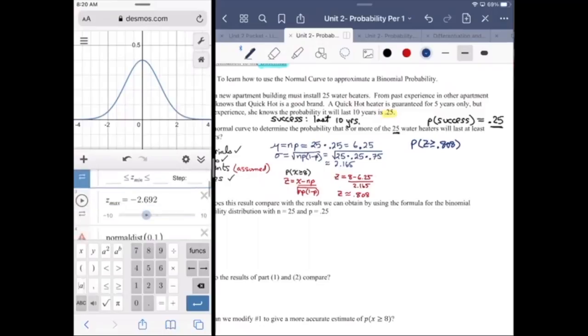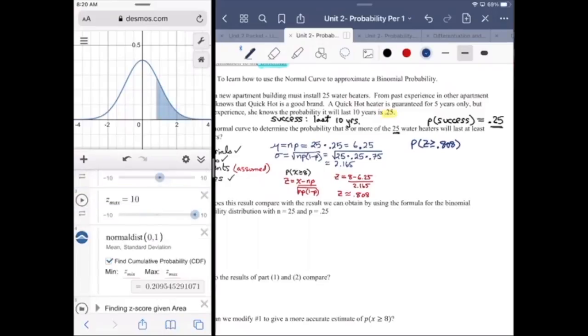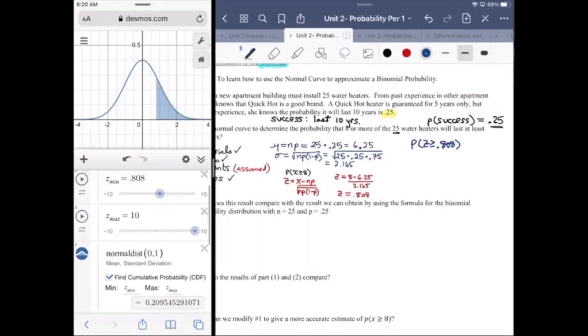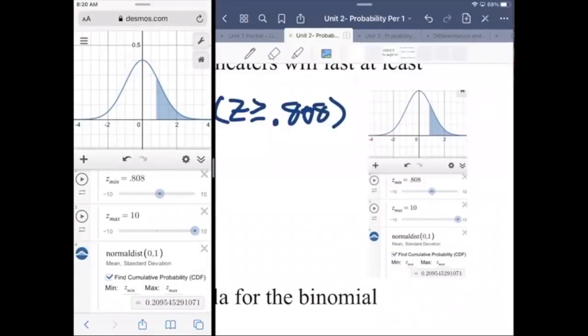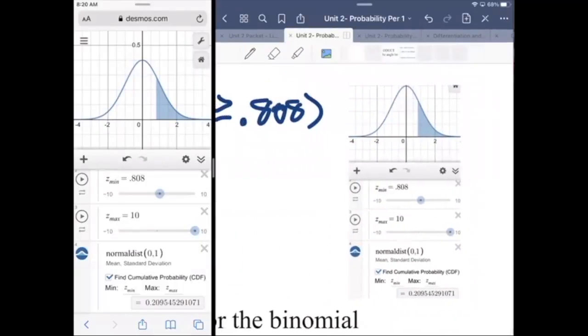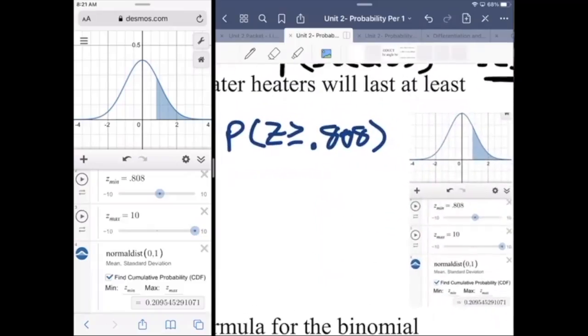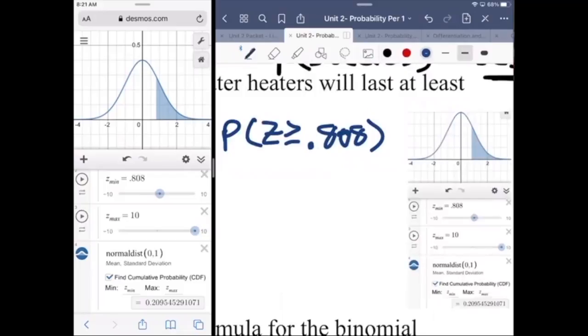On the high bound, something big. And that would be my display. Now you hopefully understand why I'm trying to create room, because I'm going to get this whole Desmos in there. We're looking at all this information, but ultimately all I need is the 0.2095, which rounds to about 0.210 if you're going to 3 significant figures.